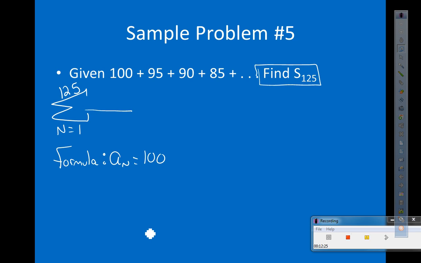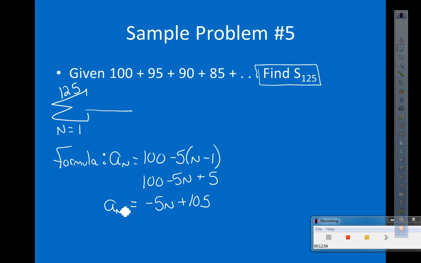Notice in this case, 100 to 95 to 90 to 85, my d is going down by 5. So I've got minus 5 times n minus 1. Let me simplify. 100 minus 5n plus 5. So my formula, negative 5n plus 105, is my formula.